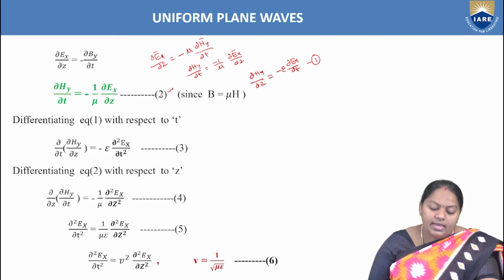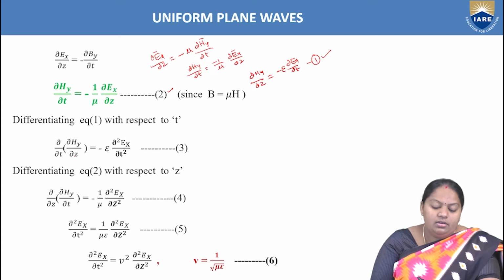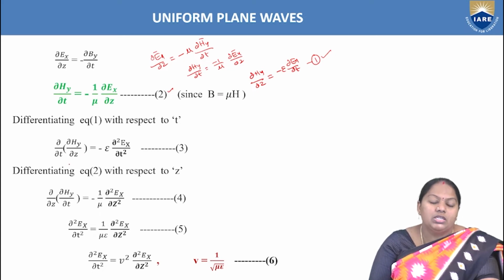First consider equation number 1: ∂Hy/∂z is equal to minus epsilon into ∂Ex/∂t. Differentiate equation number 1 with respect to t. It is already differentiated with respect to z, so again we differentiate with respect to t.